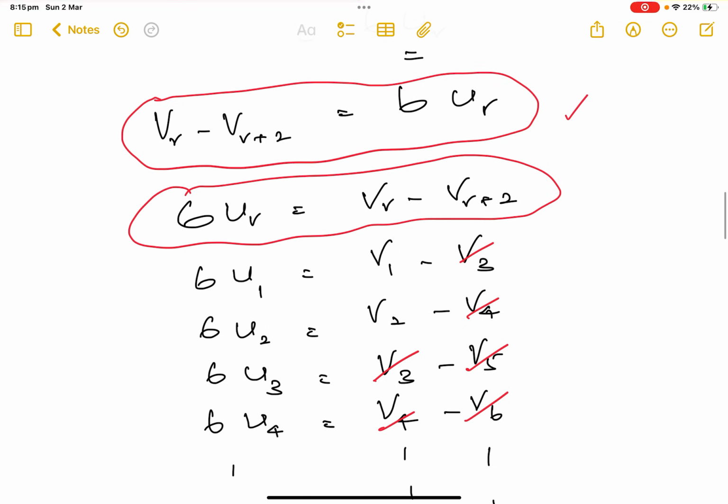So 6 U_r equals V_r minus V_(r+2). We're going to use the equation that we proved.